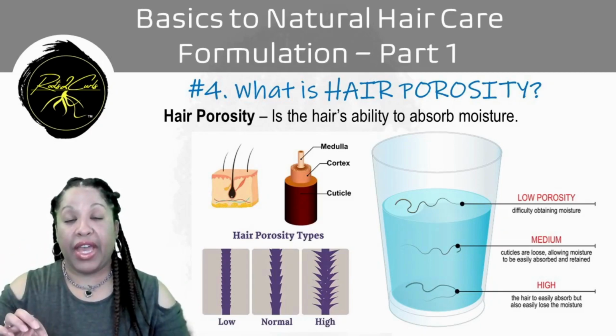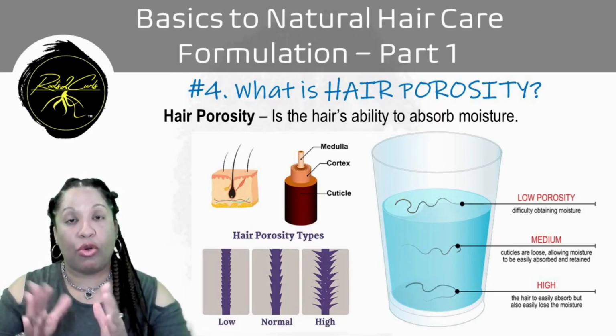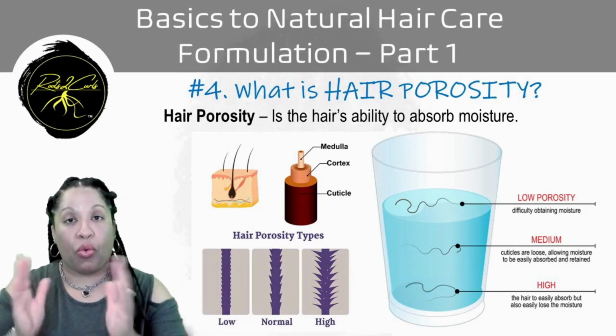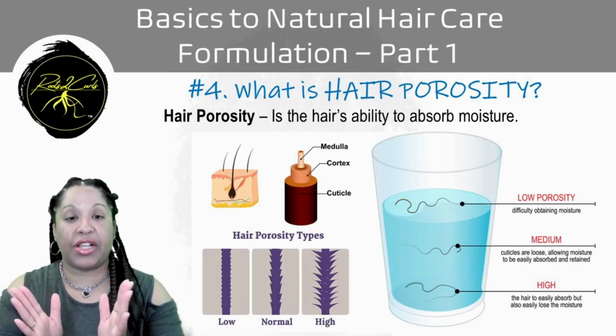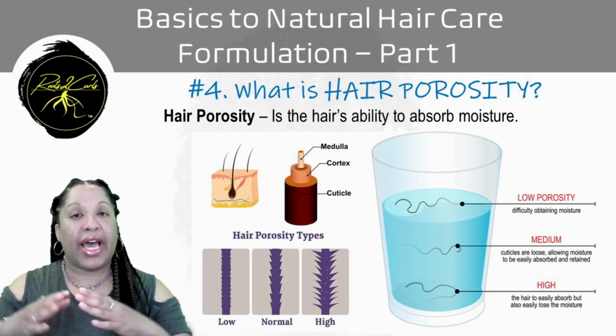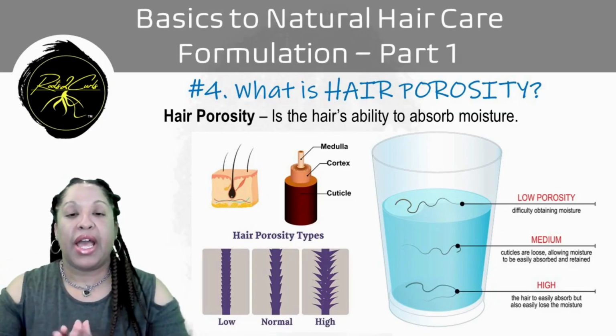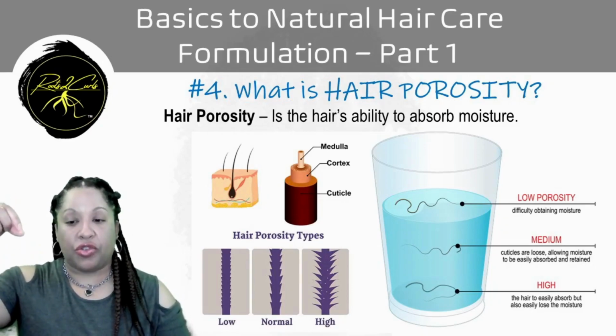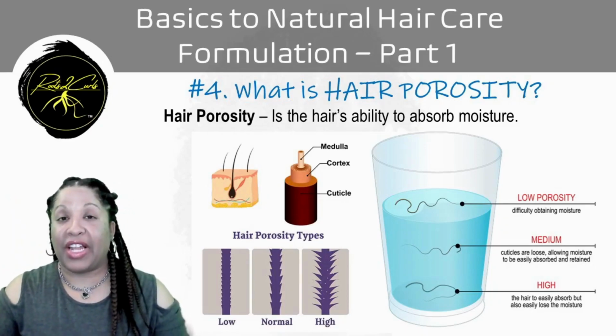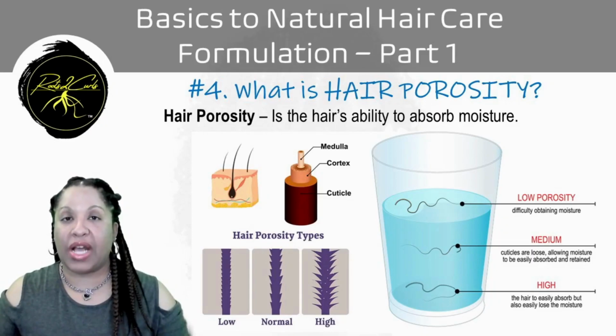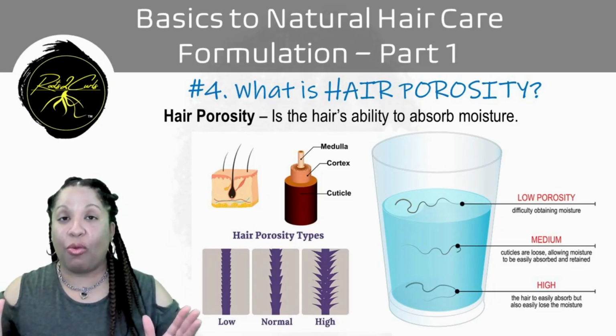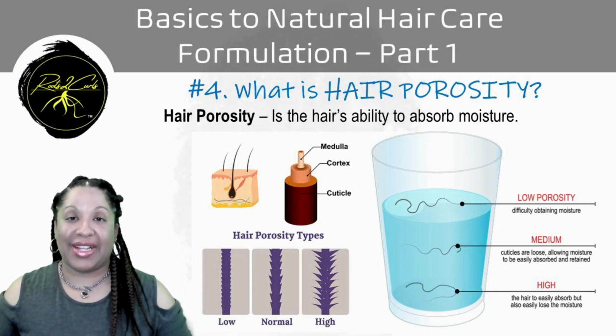If the piece of hair is somewhere in the middle, then you have a normal, medium porosity, so the strands are somewhat open, allowing some moisture to come in. And if that hair strand drops all the way down to the bottom of the glass, then you know you have high porosity. Cuticles are completely open, allowing lots and lots of water and moisture into that strand.